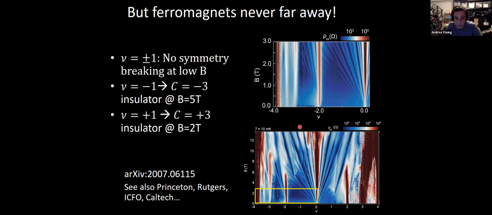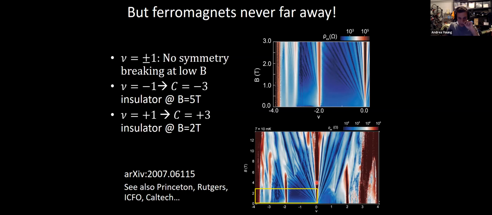In particular, if you look at this from nu equals 0 to nu equals minus 2, and you look at the Landau fans, they're basically 4, or at very low fields 8-fold degenerate, from nu equals 0 all the way to nu equals minus 2. There's not an obvious new state that appears there. If you turn on a magnetic field, you can find a Chern number 3 state there, but it doesn't happen until several Tesla.